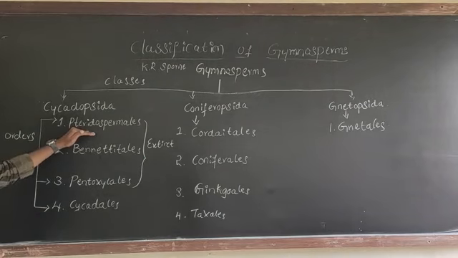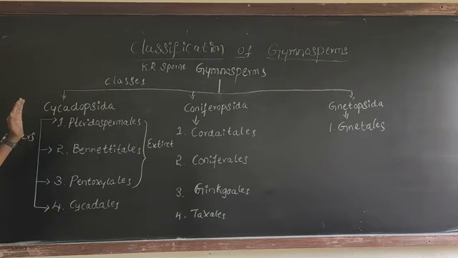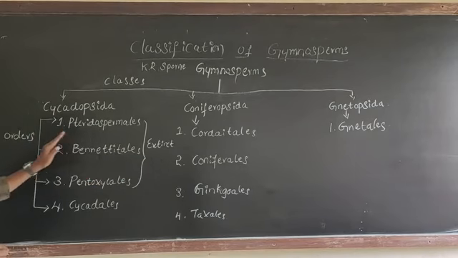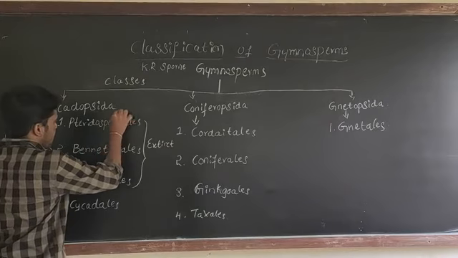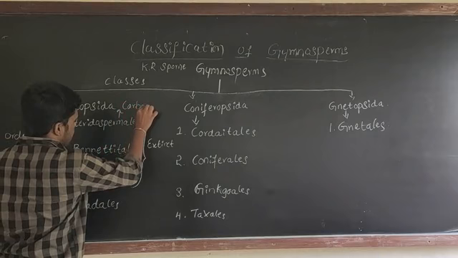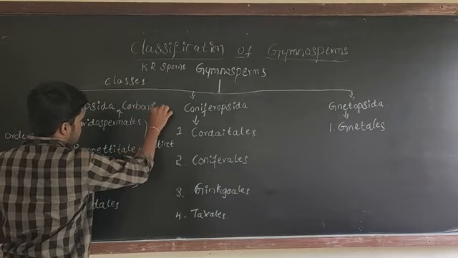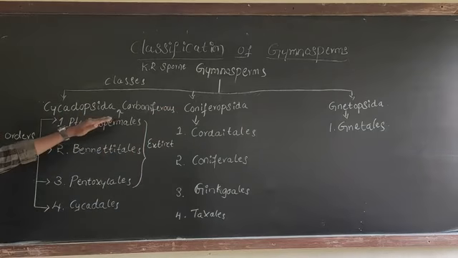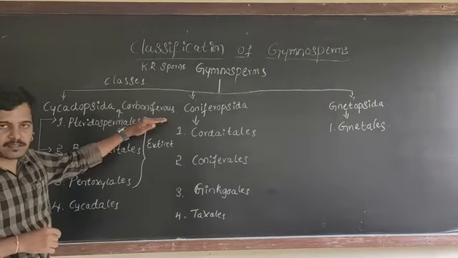All the gymnospermic plants which belong to these three orders became extinct, and they were present in the Carboniferous era, about 250 to 60 million years ago.